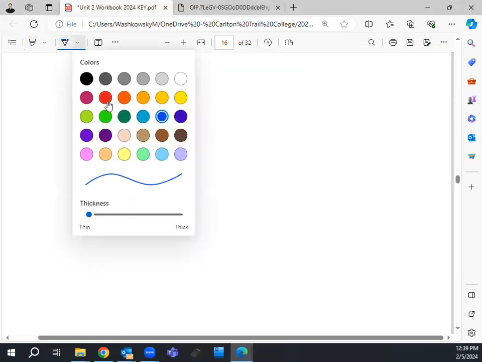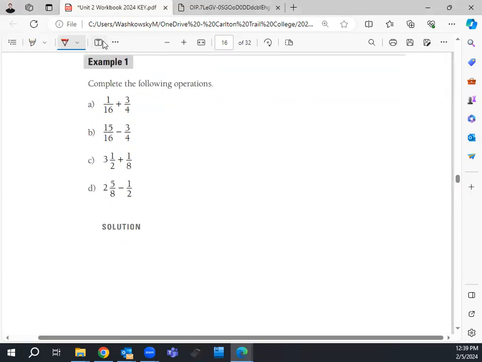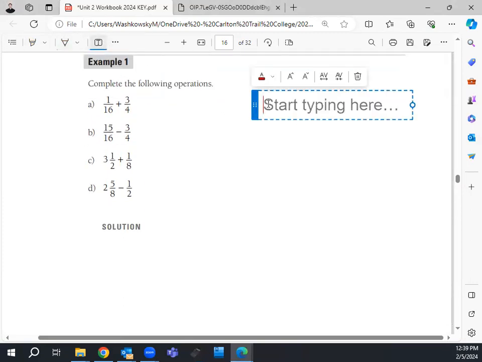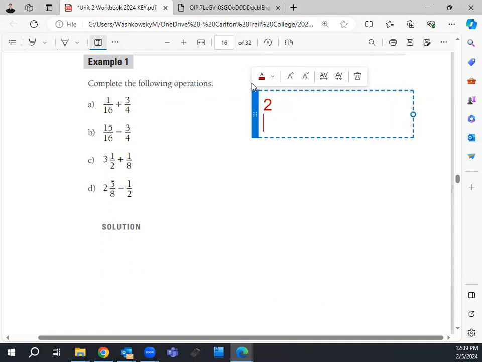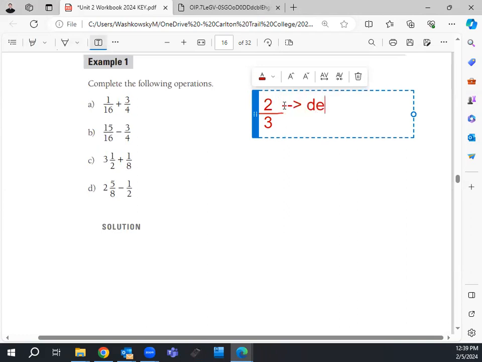So how we actually do that here. The big thing with fractions is we need to get the denominator. Actually, before we even go to that, if I give you 2/3, for example, whatever's on top is what we call the numerator, and whatever's on the bottom is what we call our denominator.